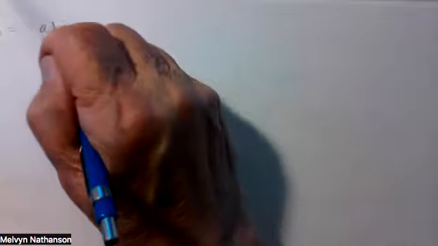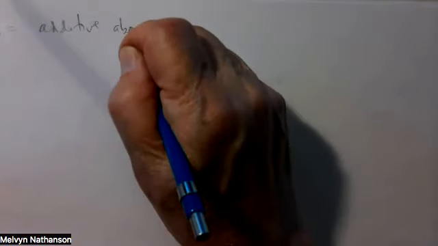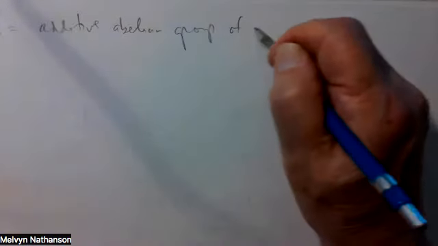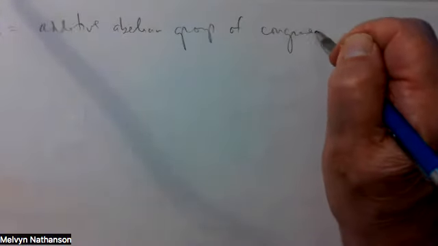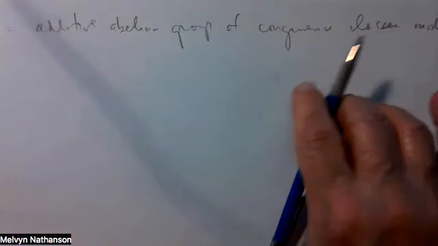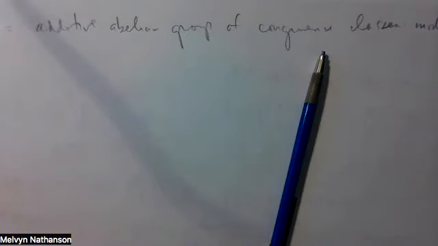Zn, which is the additive abelian group of congruence classes modulo n.